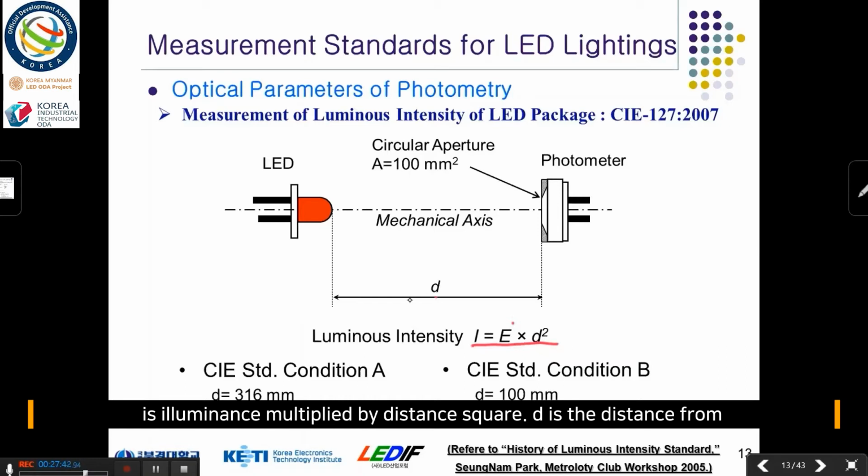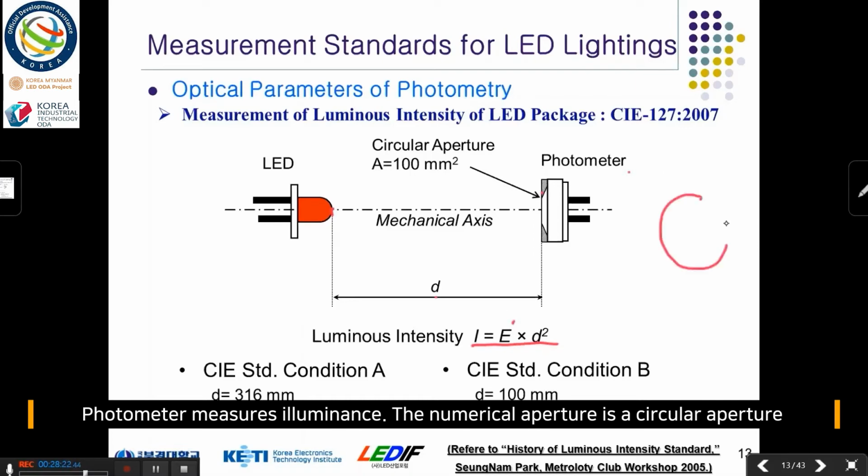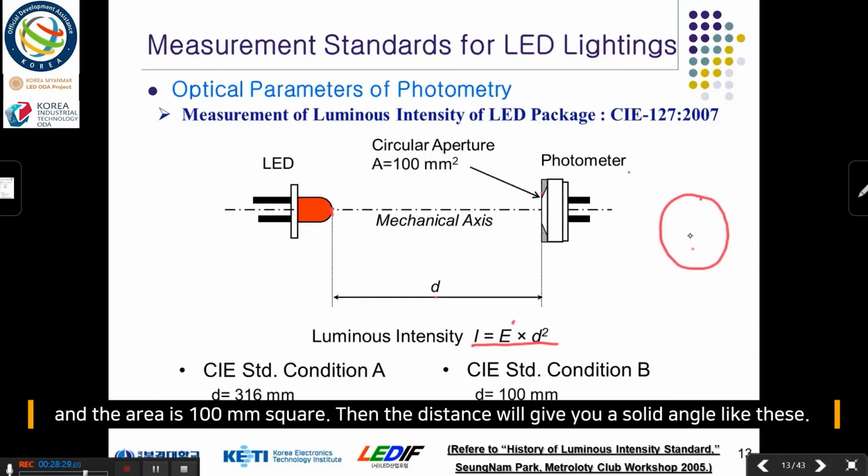D is the distance from the tip of the LED to the circular aperture in front of the photometer. The photometer measures illuminance. The aperture is a circular aperture, and the area is 100 millimeter square. Then the distance will give you a solid angle like this.